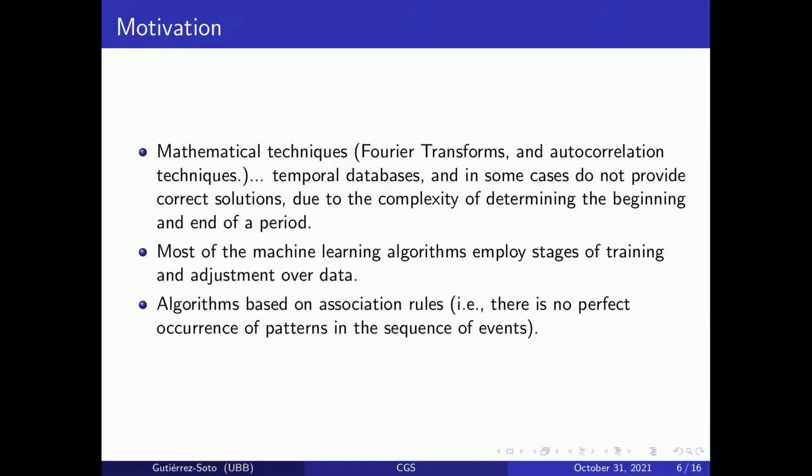And finally, we have algorithms based on association rules. That is very interesting because if you are not looking for a correlation between data, it's possible to use that type of algorithm, because there is not a perfect occurrence of the pattern in the sequence.